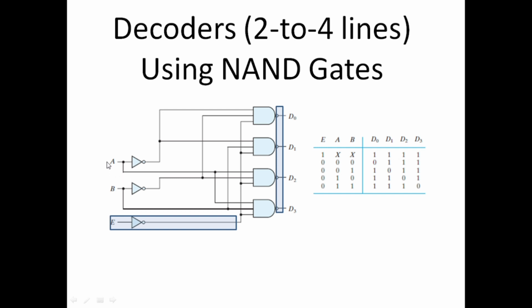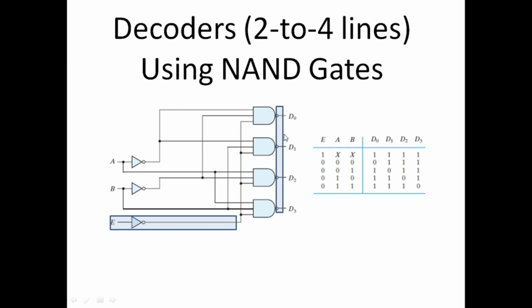We have two inputs connected to these NAND gates, and these are the 4 minterms, because we have two variables, so 2 raised to power 2 is 4. There are NAND gates which invert the output of these AND gates, and there is an enable line. This enable line enables or disables these NAND gates.